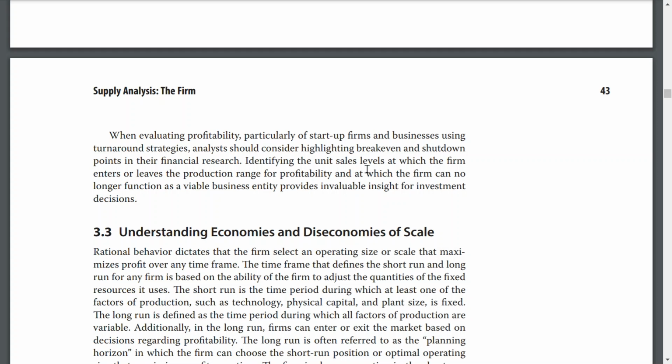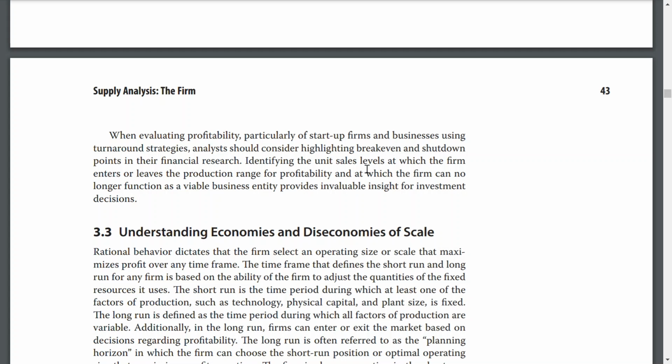Identifying the unit sales levels at which the firm enters the range of production for profitability, and at which the firm could no longer function as a viable business entity, provides invaluable insight for investment decisions.